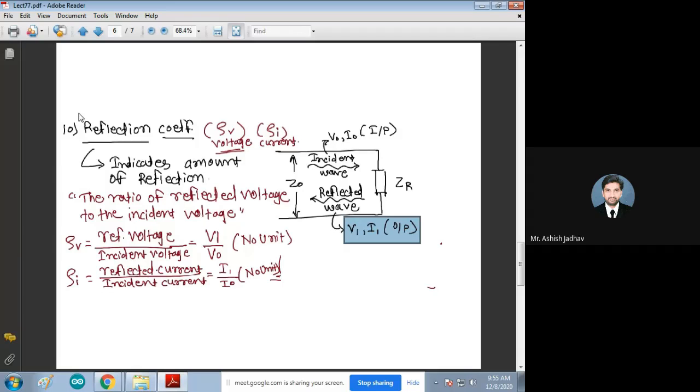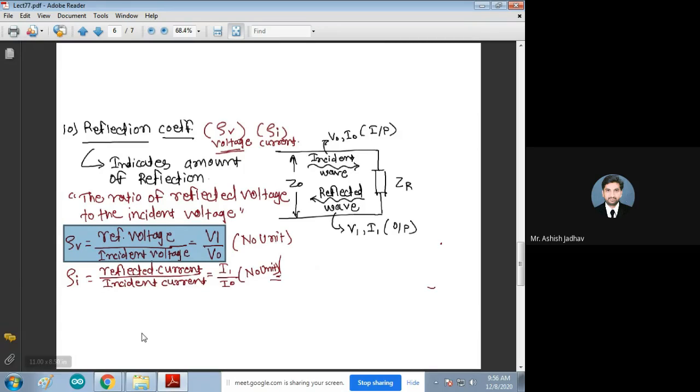This is for voltage. So reflected voltage upon incident voltage is V1 divided by V0. There is no unit for this. So the reflection coefficient for voltage is V1 upon V0, where V1 is the reflected voltage and V0 is the incident voltage.